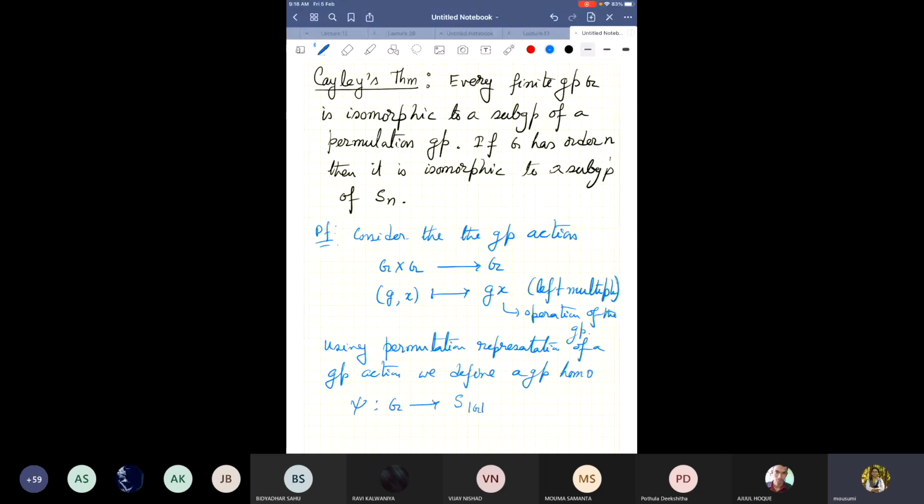How did I do this? We consider any element g of the group and send it to sigma g. What is sigma g? Sigma g was a map from the set G to G. How have we defined this map? Sigma g of any element x of the set, I am sending it to gx.